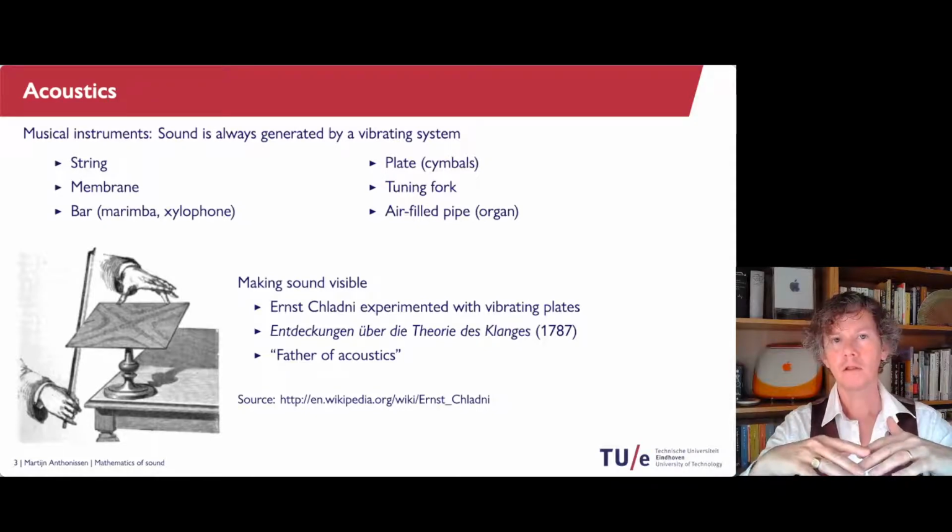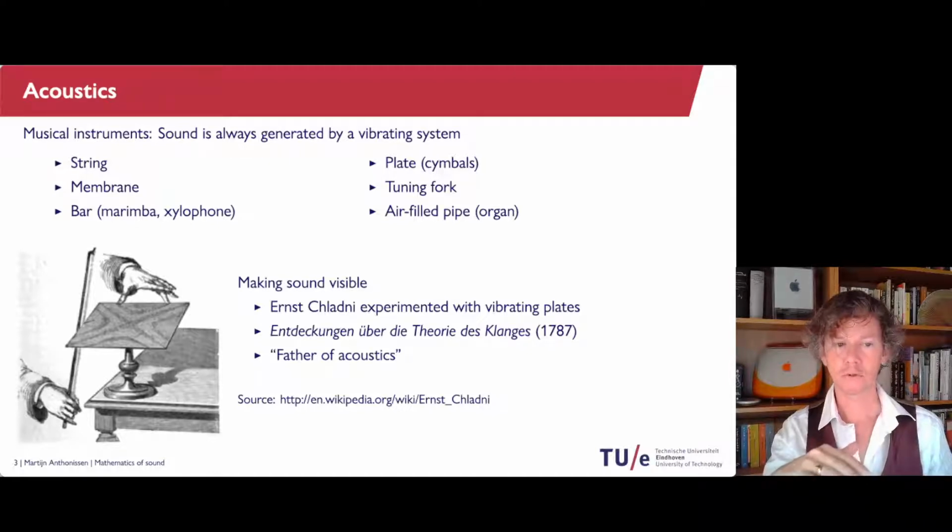And then this plate starts vibrating, and if you pour a little bit of sand or salt or whatever on this plate, you will get interesting patterns. So that's what you already see here in this picture. You see that you have some patterns here, and I would like to talk a little bit more about that.